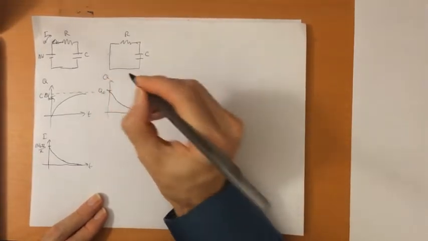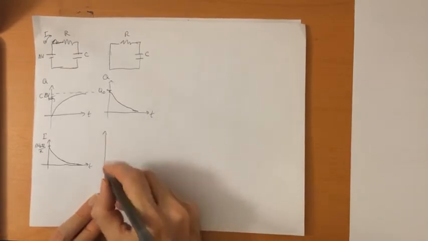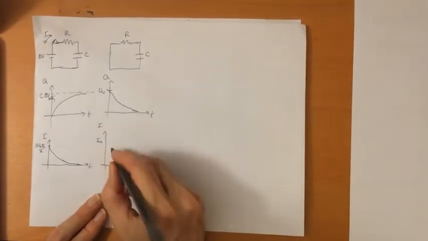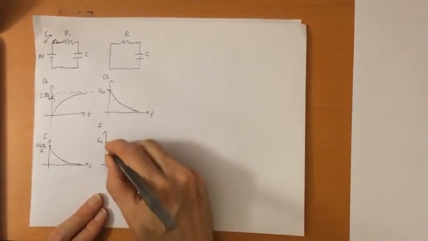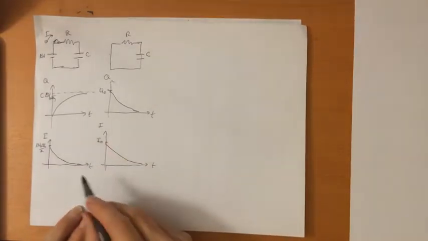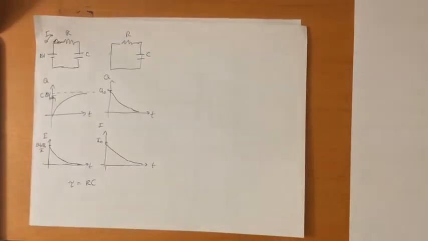There would be some initial charge that decays to 0 exponentially. The current would also decay exponentially from some initial value to 0, like this. Okay? And then there's a time constant which governs all of this, which can be written in terms of RC. That's a summary of what you would have learned there.